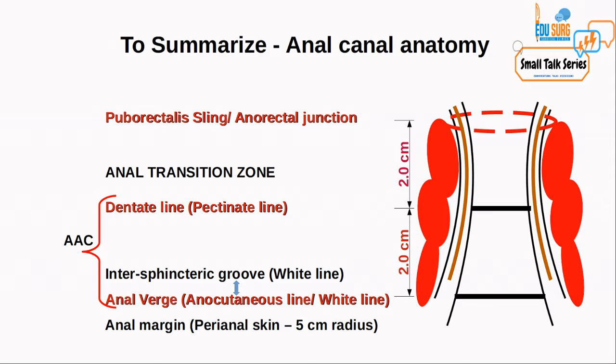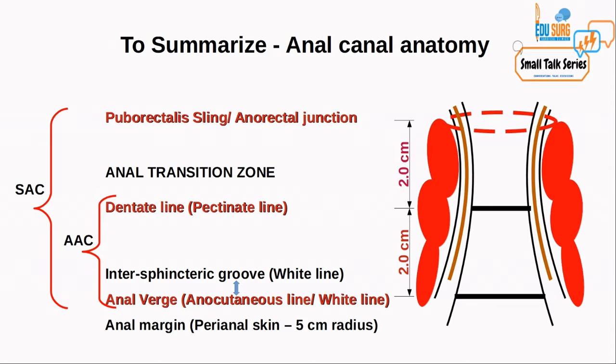Puborectalis sling, levator ani, anorectal ring or anorectal junction is the uppermost landmark of the anal canal, and the anal canal from anal verge below to puborectalis sling above is the surgical anal canal.